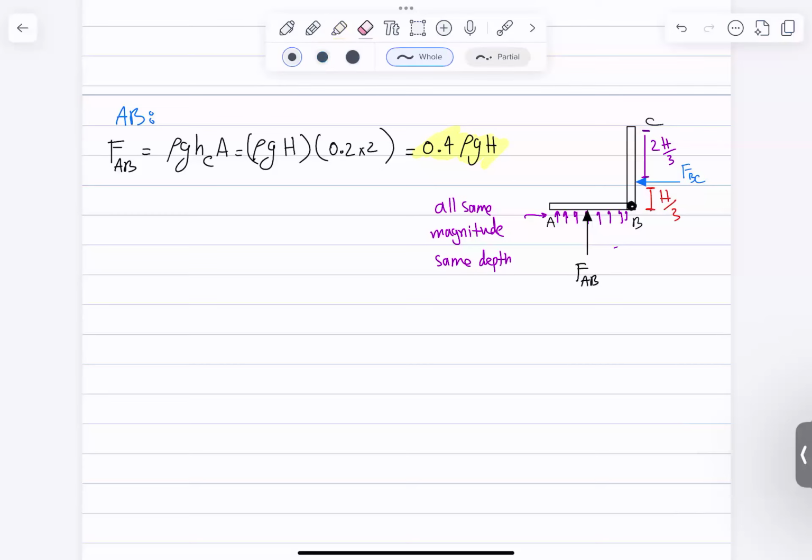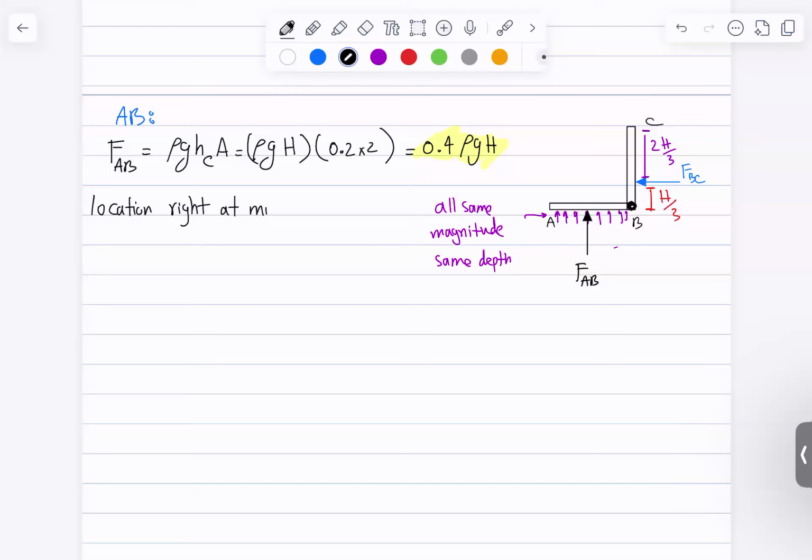Where is this force located? Right at the midpoint of AB, which means the distance of the force AB to B is 0.2 divided by 2, or 10 centimeters.